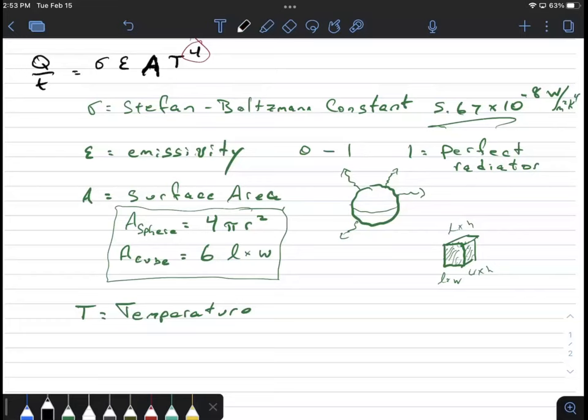Here, we don't have that luxury. Now what we have is an equation which requires the absolute temperature, not the difference in temperature. And thus, we have to use Kelvin. We must use Kelvin, not Celsius. If we try to use Celsius, we'll get a bad answer. And of course, same goes with Fahrenheit.